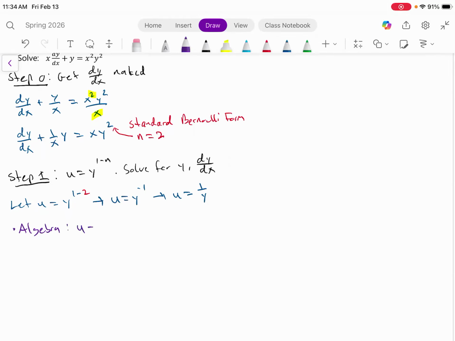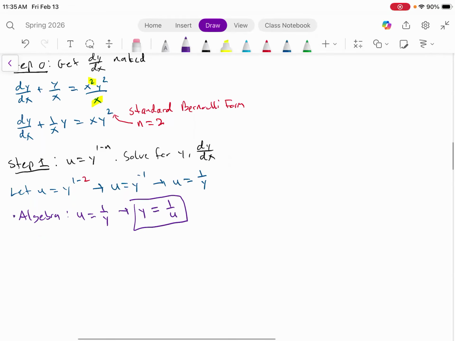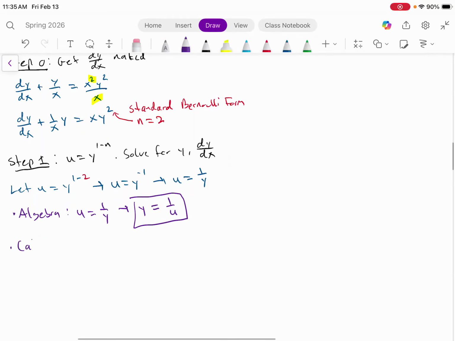Okay, so we found u to equal 1 over y, and I'm going to use some algebra to solve for y. So if I solve for y, we just reciprocate and we get 1 over u. So y equals 1 over u. Okay, that's my algebra. I'm going to use this to substitute into the differential equation in a second. That's the point of this. And we're going to use calculus as well. And by that, we mean take a derivative.